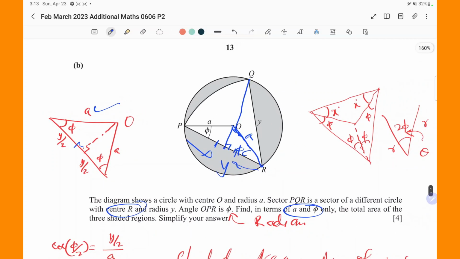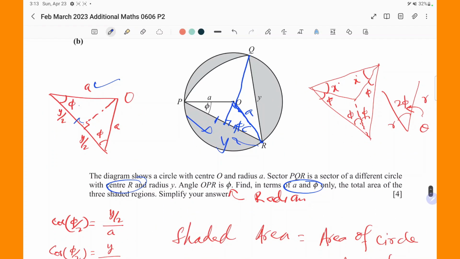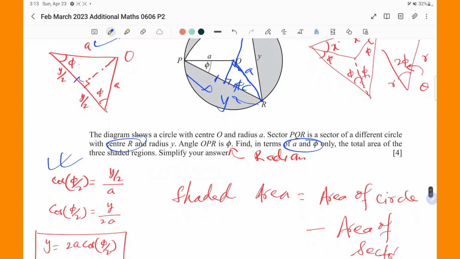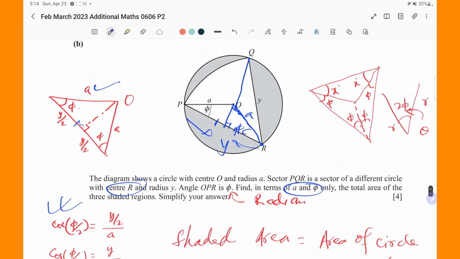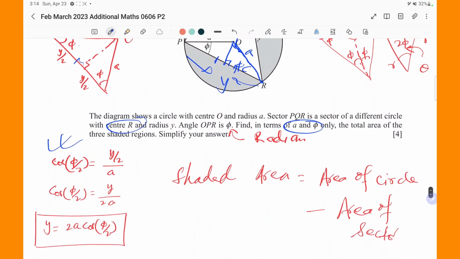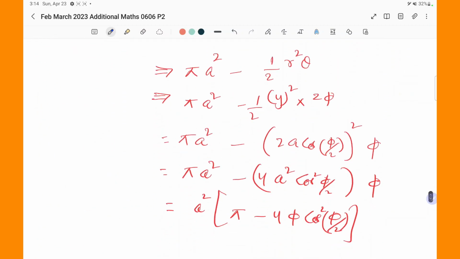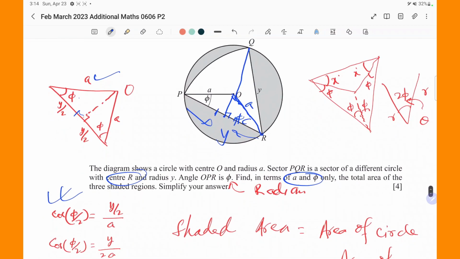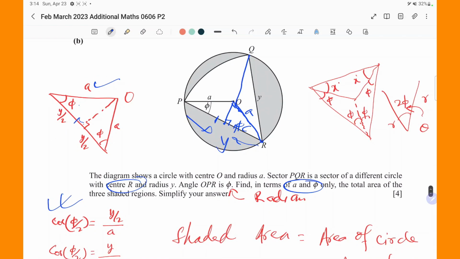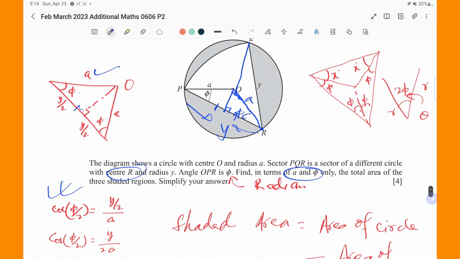Okay, and so here I'm trying to use cos of phi. Why it is phi over 2? Hey, 1 minute. It is phi. Why it is phi over 2?